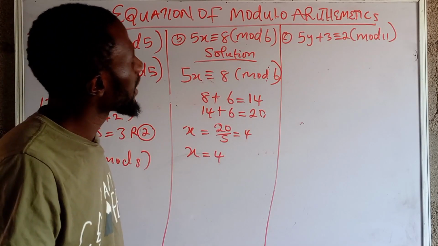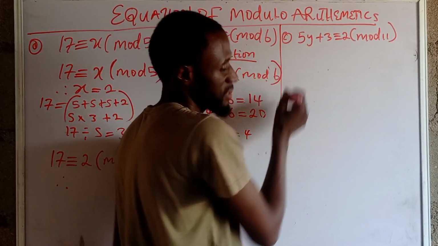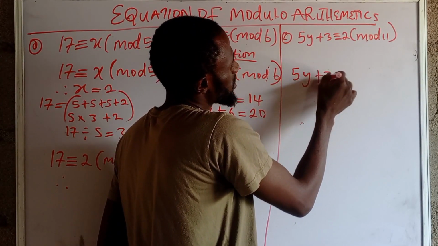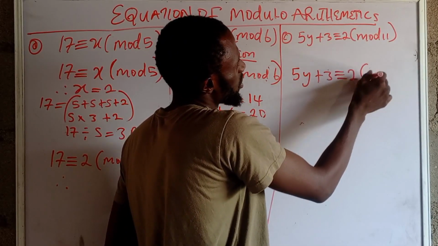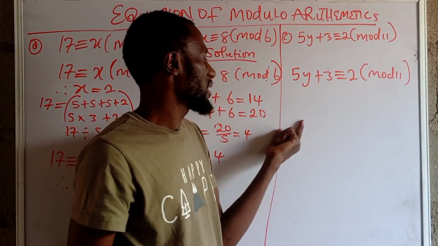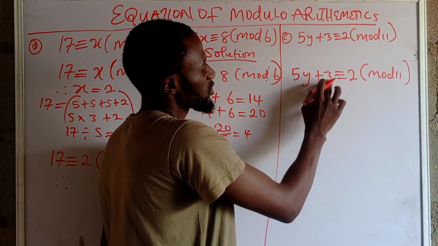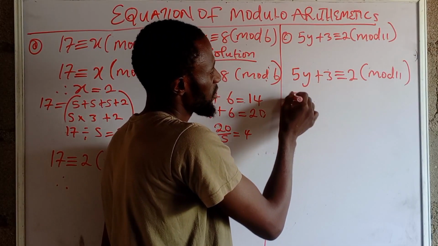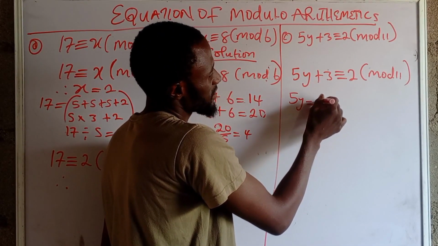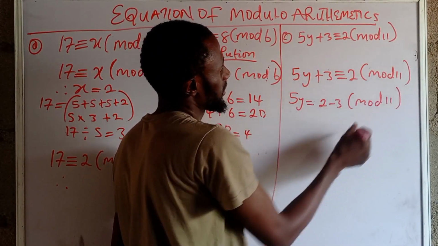Then the last question we have on the board: can you solve 5y plus 3 is equivalent to 2 mod 11? When solving such a problem, we subtract 3 and take it to the right-hand side. Therefore we have 5y equals 2 minus 3 mod 11.